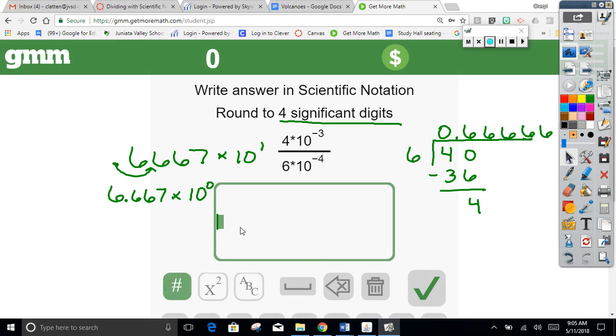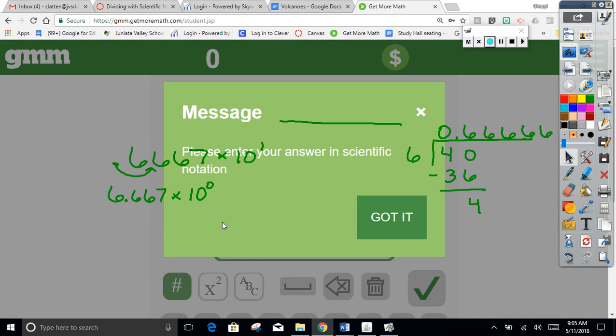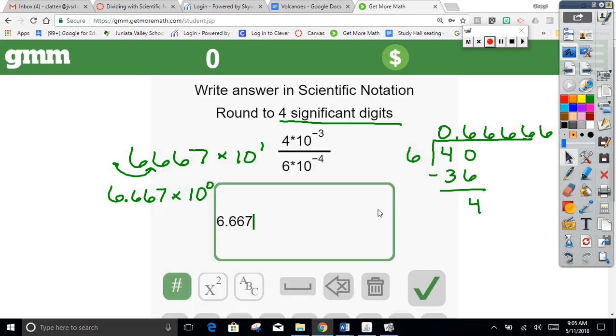I think you can just put the 6.667. Nope, it wants me to do it in scientific notation, so I do have to do times. It's not going to let me do that either. Let's see here.